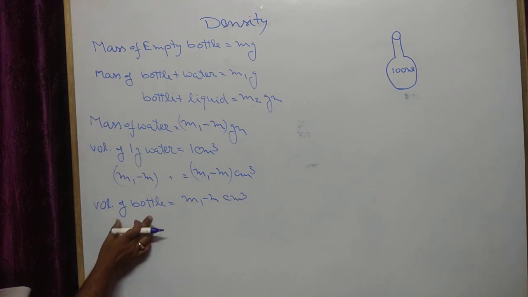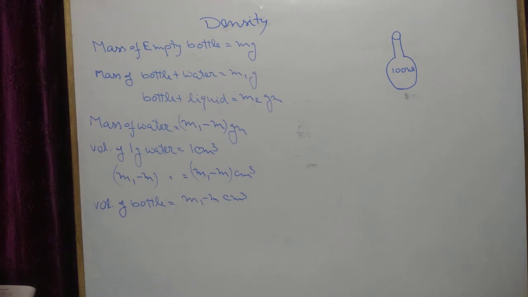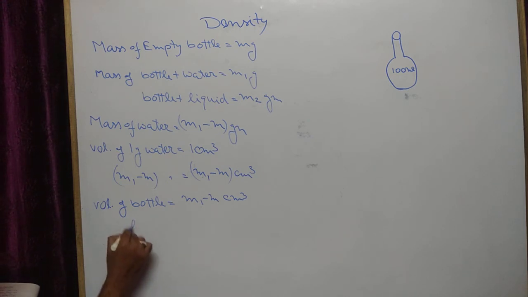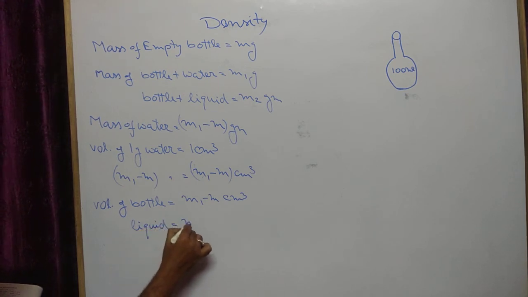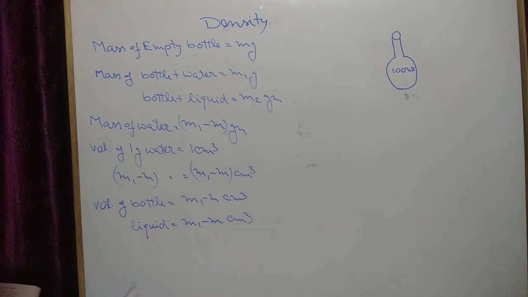Remember, volume of bottle and volume of water is the same, because this is the capacity of the density bottle. And if volume of bottle is m1 minus m centimeter cube, so volume of liquid is also the same, m1 minus m centimeter cube.